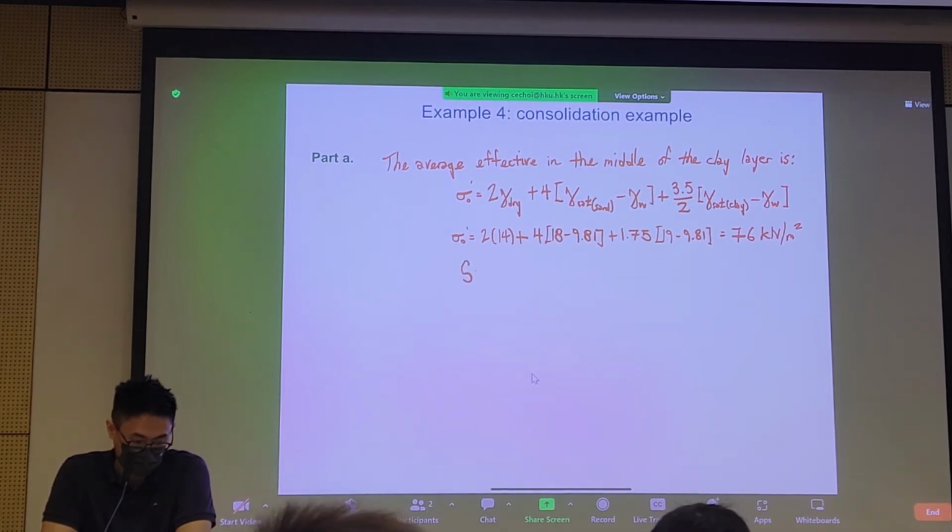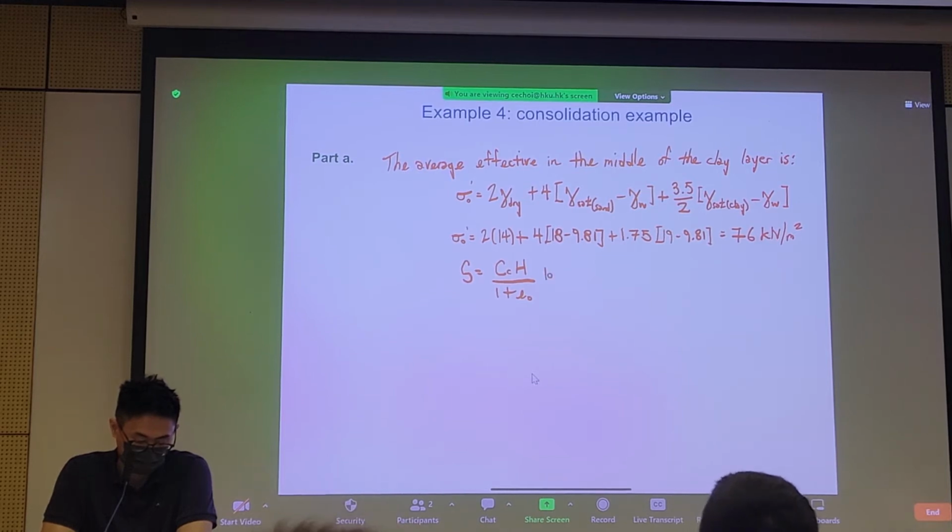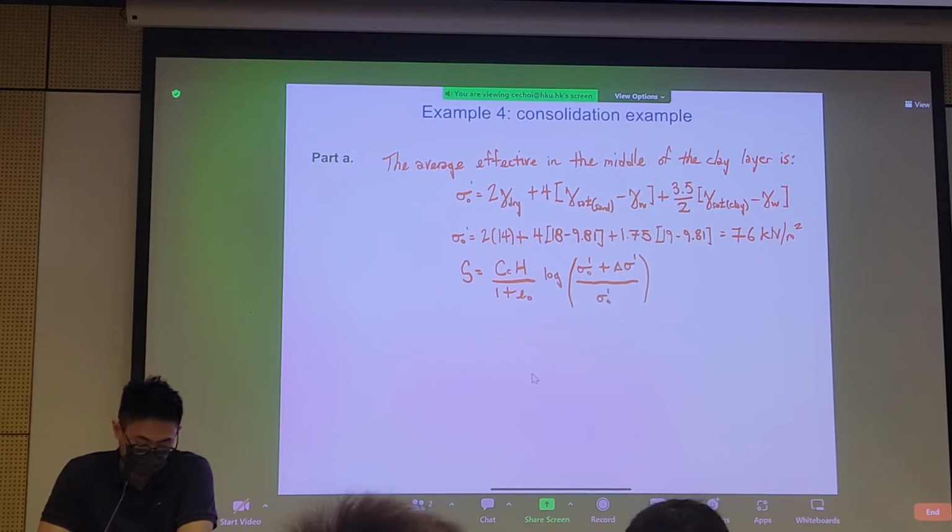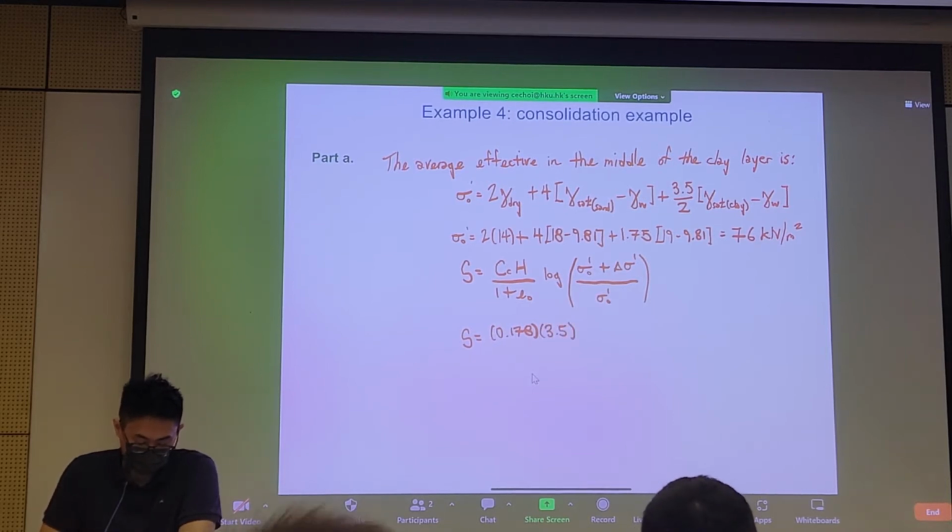So if we borrow our expression derived from the previous slides, we know our compression index is 0.178. It's given in the question. We know the thickness of our clay layer was initially 3.5 meters, and you're also given your initial void ratio of 0.8 for the clay layer, if you recall in the question.